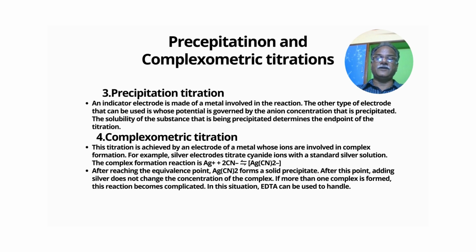The complex formation reaction is shown here. After reaching the equivalence point, silver cyanide forms a solid precipitate. After this point, adding silver does not change the concentration of the complex. If more than one complex is formed, the reaction becomes complicated. In this situation, EDTA can be used to handle it.